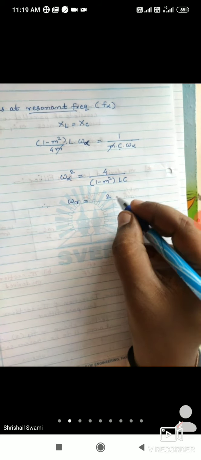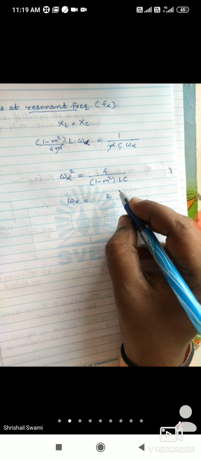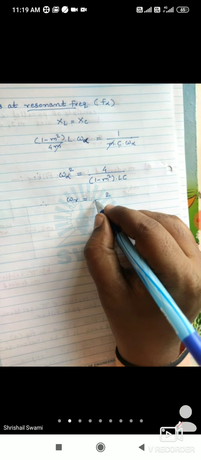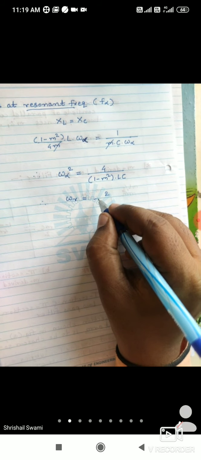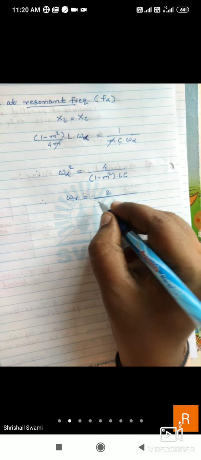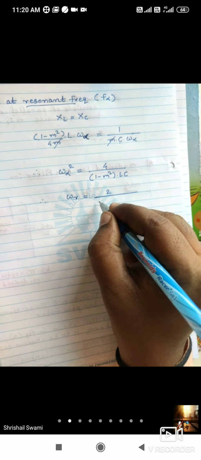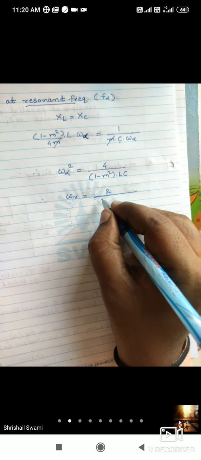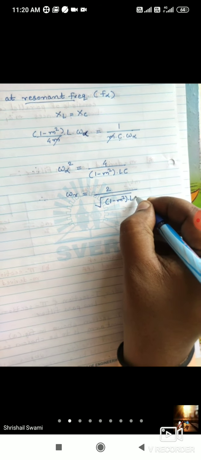If we take the square root, omega R is equal to 2 upon under root (1 minus m square) into LC.